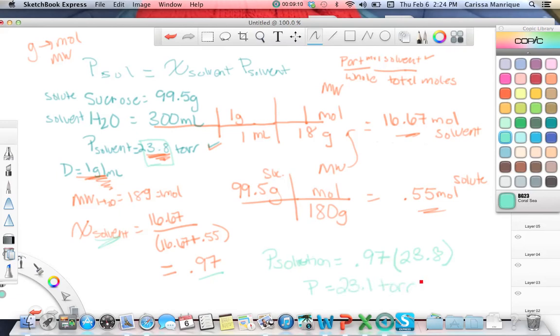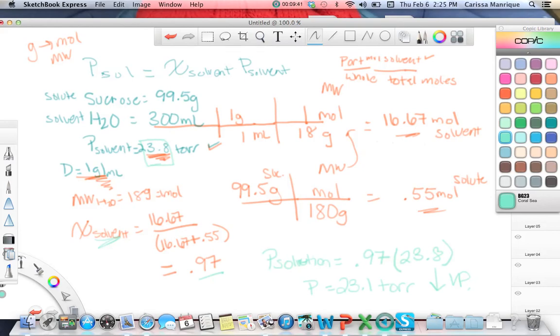Okay, so what happened here? I put in a non-volatile substance, so basically like a solid is usually what you're using. I put a solid in there, and what happened to my vapor pressure? It was 23.8, and now it's 23.1. Do you see that it lowered? If I have a lower vapor pressure, that means I have fewer gas molecules up in the gas phase.